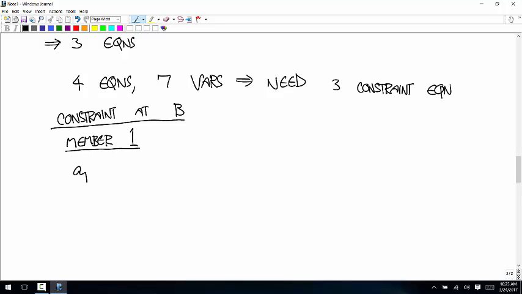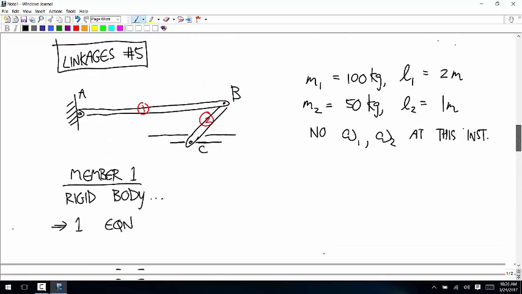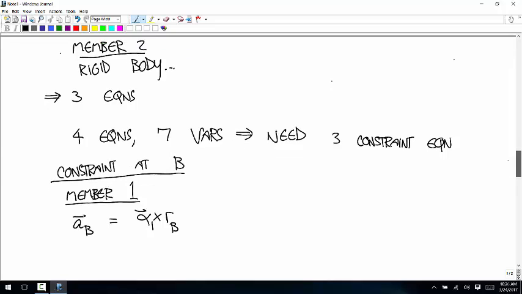The acceleration of B is equal to alpha 1 crossed with the r vector that goes from the center of the circular motion toward B. So I'll write that as r of B from A, the fixed point.